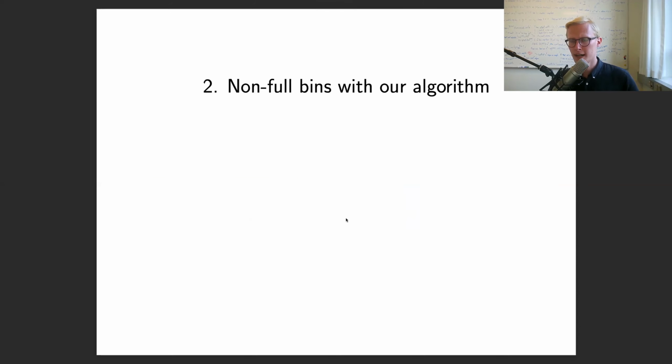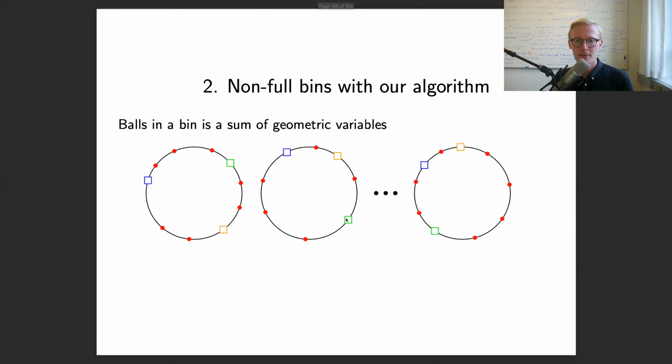And then we have to understand what happens in our more complicated setting with our algorithm. And the problem is that we don't have this nice binomial distribution any longer. In fact, the number of balls landing in a virtual bin at a given level follows something that looks more like a geometric distribution.